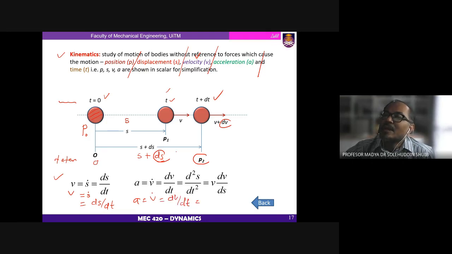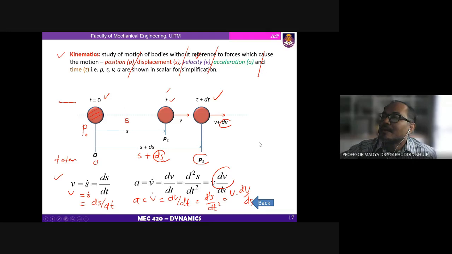To relate with displacement, we have d²s/dt², or we can write v times dv/ds, if you want to relate velocity with s. We can write it in terms of time, dv/dt, or relate it with displacement by using this equation.